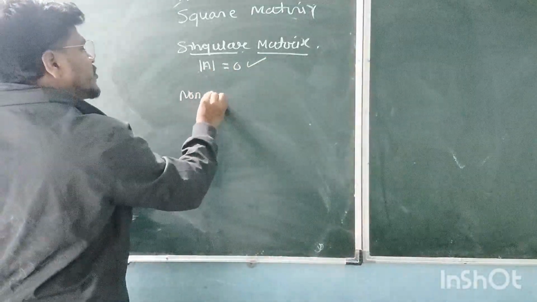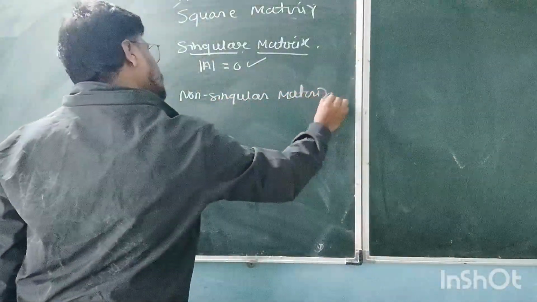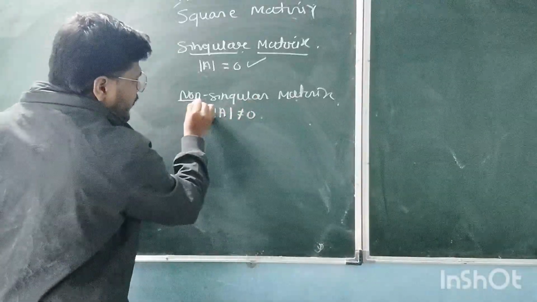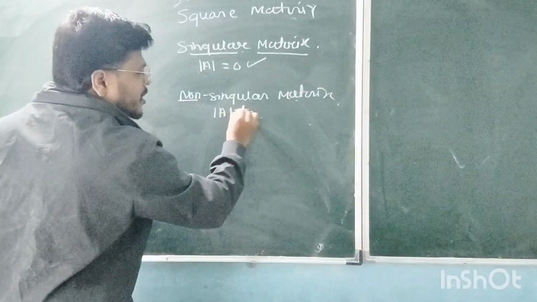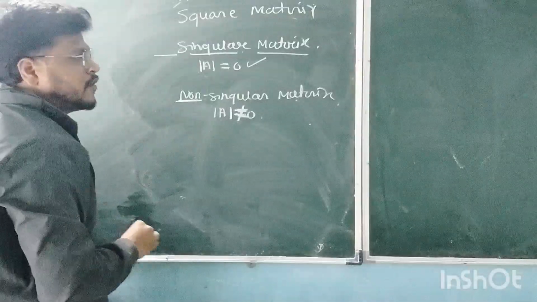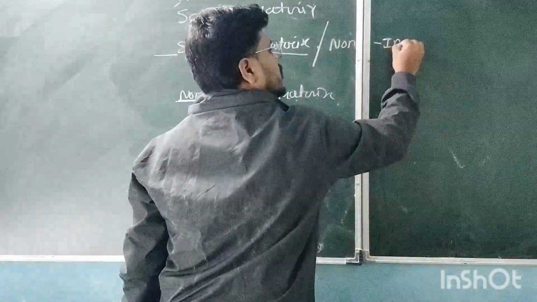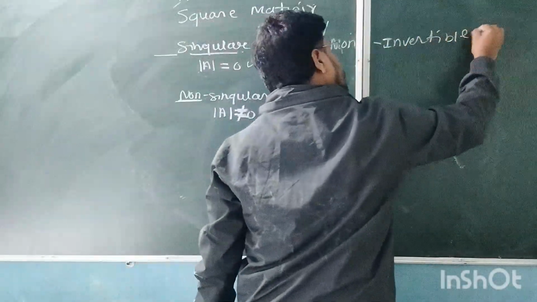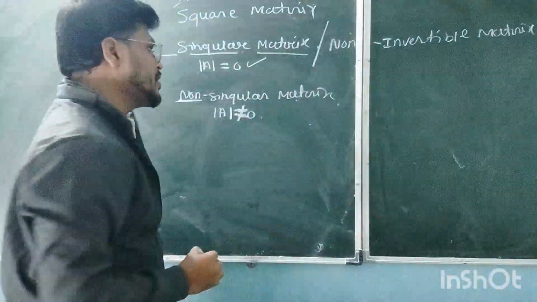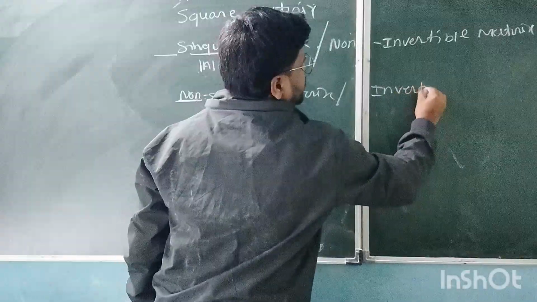What is a non-singular matrix? If the determinant of A is not equal to 0, then it is called non-singular. Non means not equal. This is the trick. Non means not equal, and where there is no non, it is equal. A singular matrix is also called a non-invertible matrix, and a non-singular matrix is also called an invertible matrix.